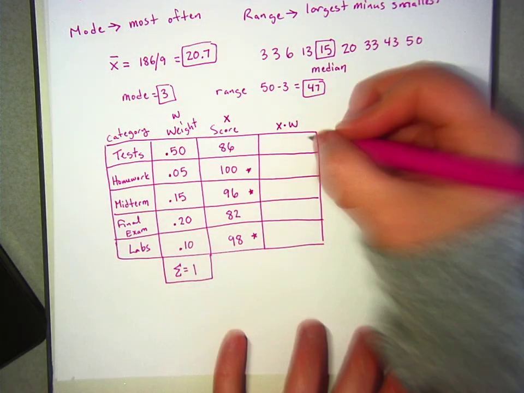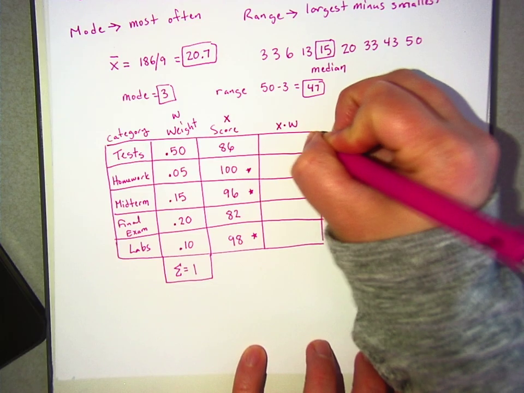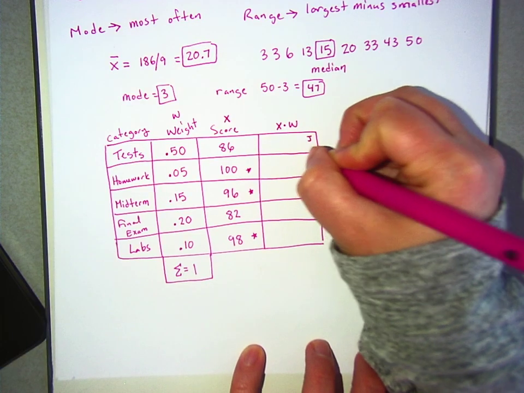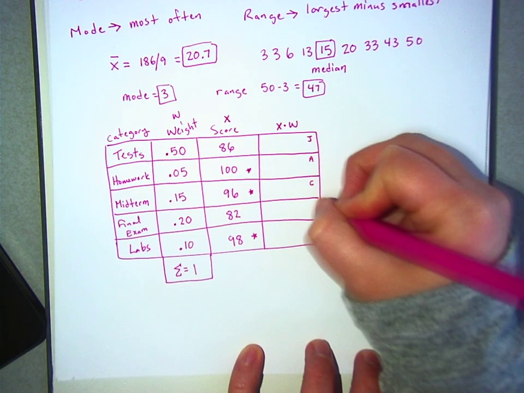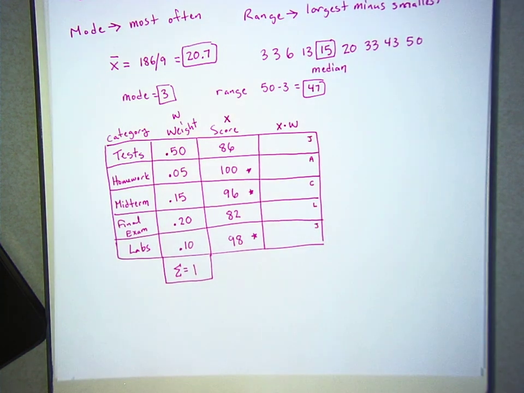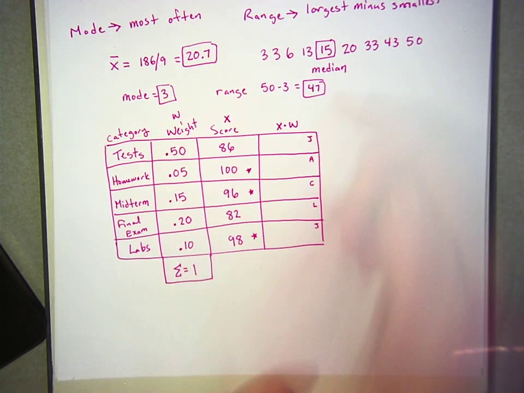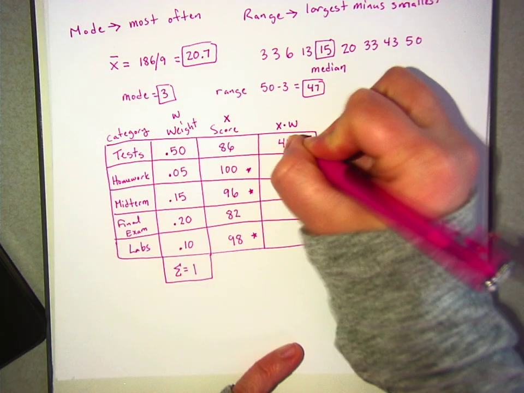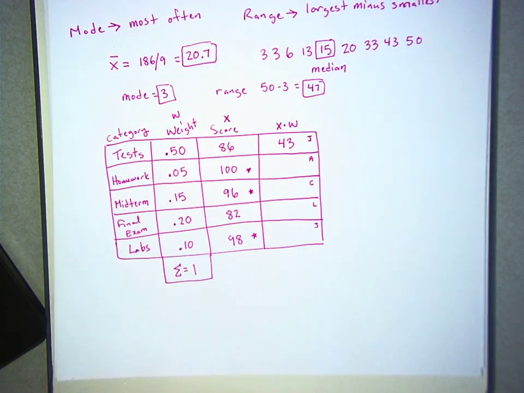Actually, let's do it this way. John, you're responsible for this one. Addie's responsible for this one. This is Charlie and Lincoln and Jocelyn. So John, what'd you get for the first one? 43. Addie?